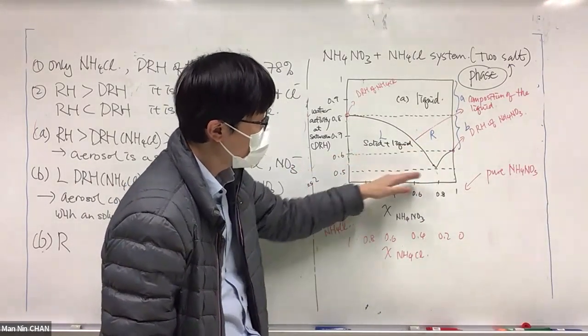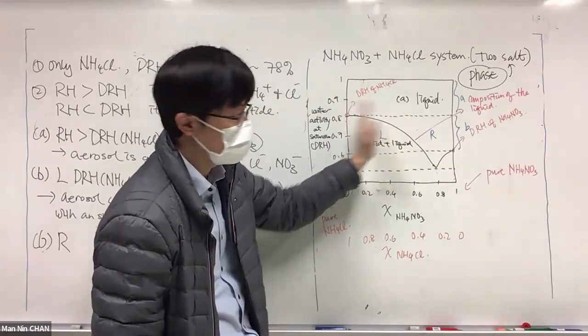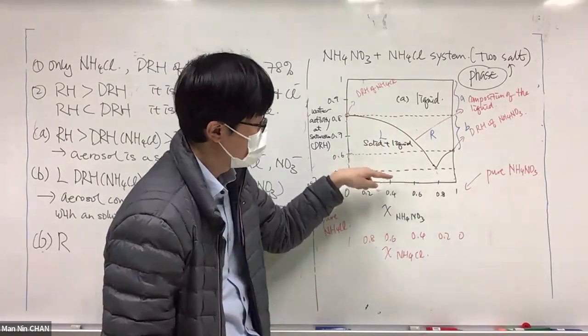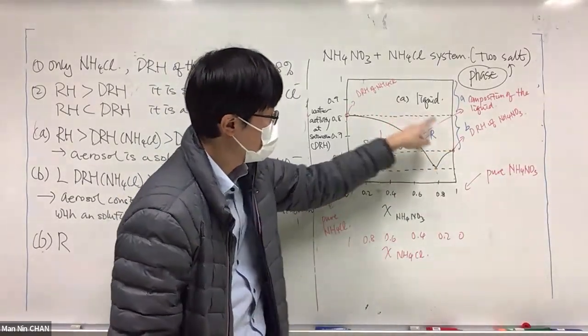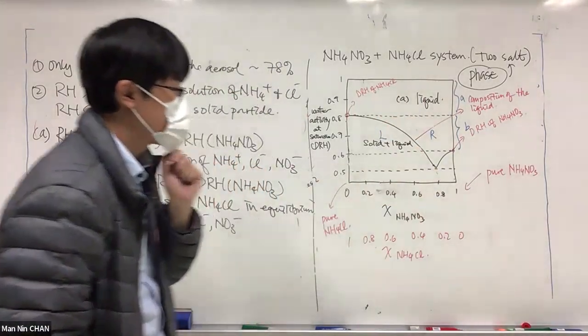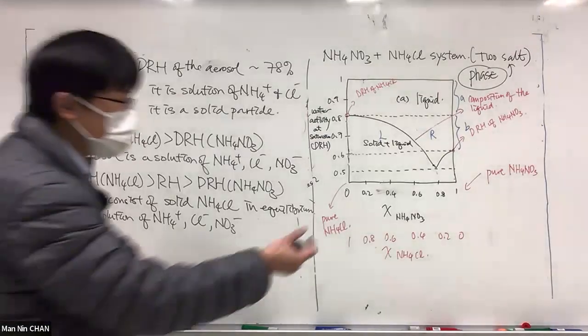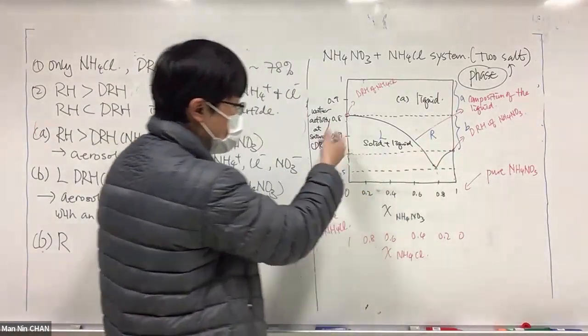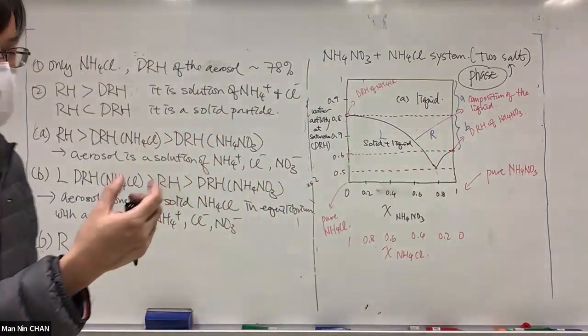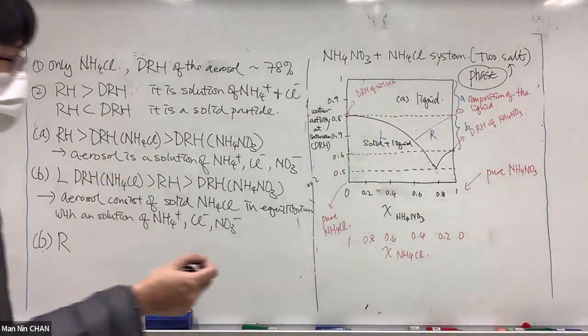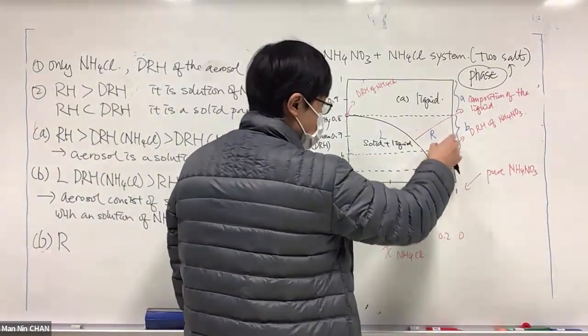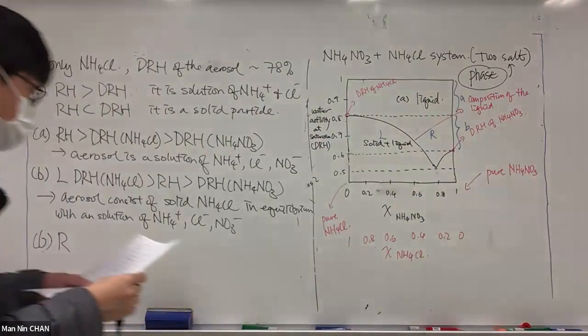You will have more ammonium nitrate, right? So in this region you will have more ammonium nitrate. And because it's always above the DRH, it dissolves. So you have an aqueous solution, so you have the water, okay.